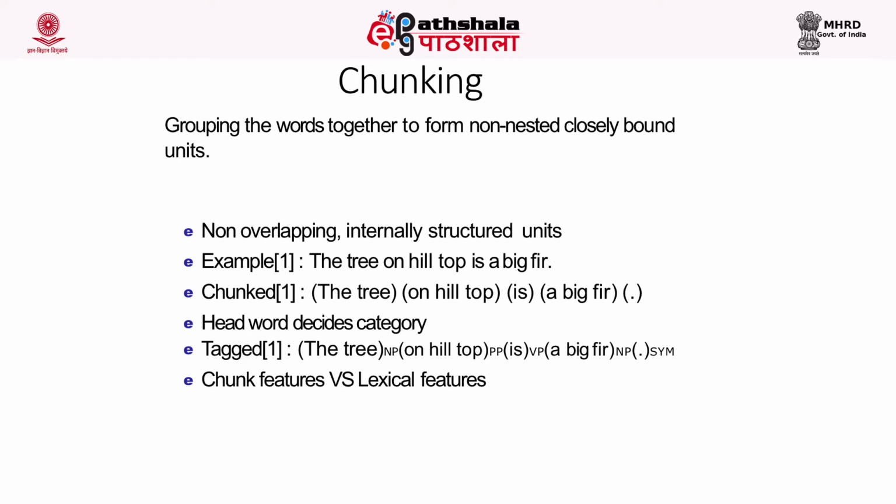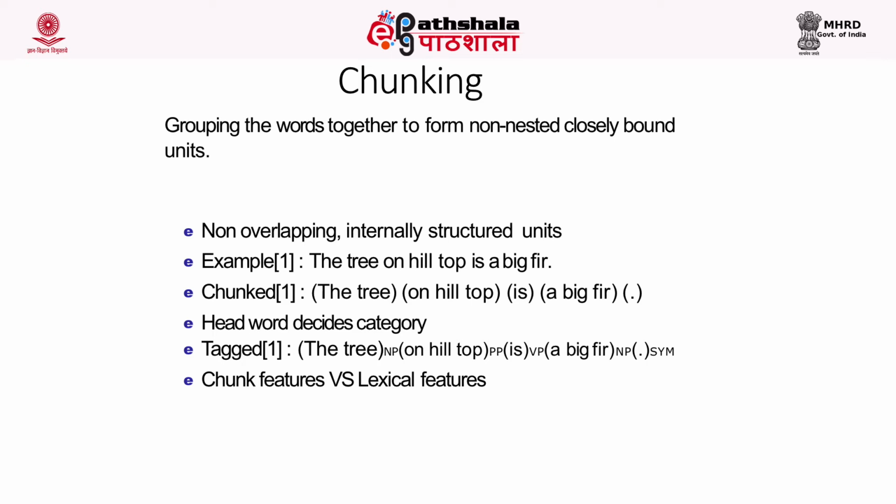Every chunk is a constituent structure. It is a minimal phrase structure wherein there is always a head. So the chunk labels are according to the head of the chunk, and therefore the head word decides the category of a chunk. For example, in our example, the tree is the head, and therefore it is an NP.